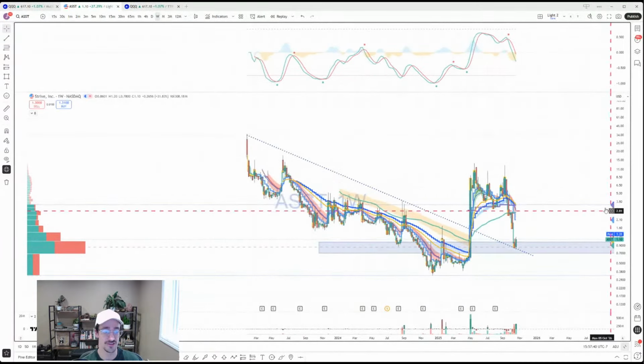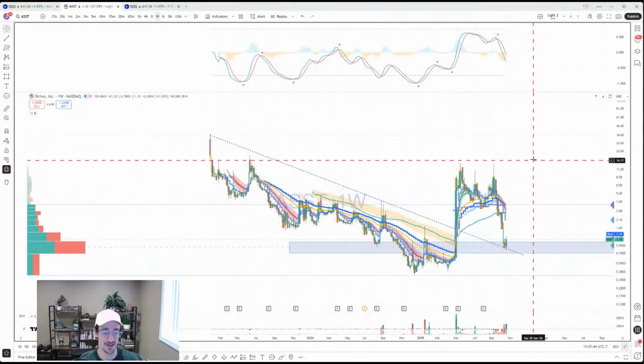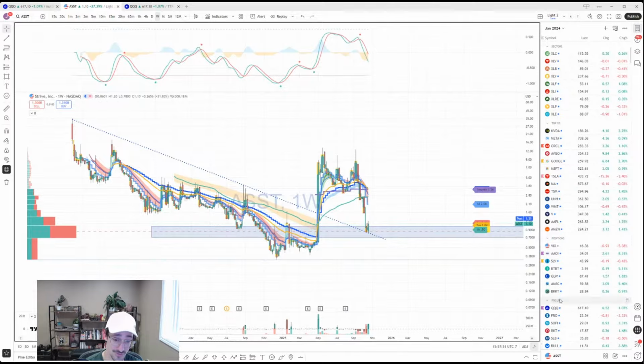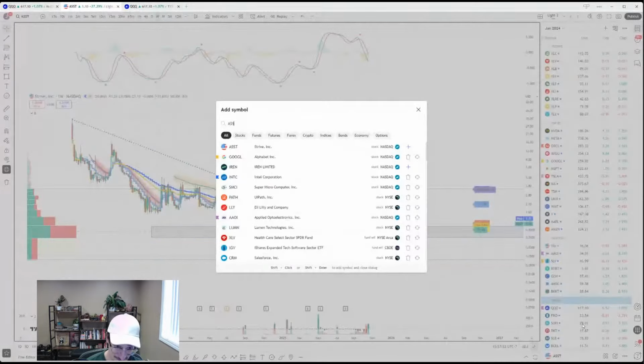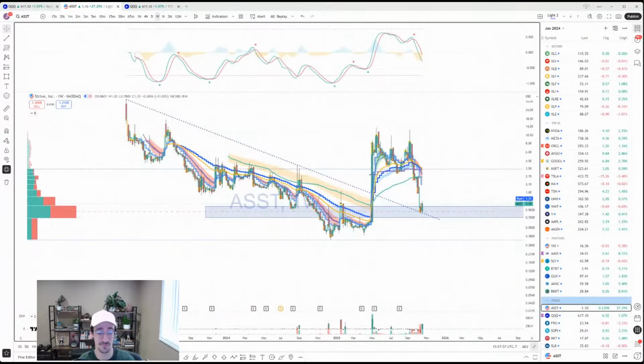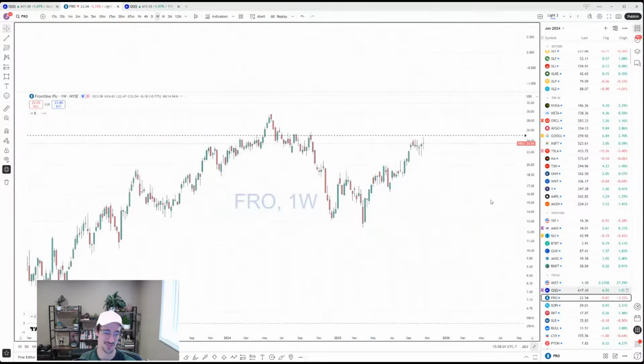We don't need anything but this POC and this downtrend line to tell us just about everything we need to know here, right? Man, that's pretty. All right. Twist my arm, why don't you? It's going on the focus list. Fine. ASST. I'll trade this and trade the pool account because I'm not going to blow up my own account on this thing. But I like it while I'm looking at my focus list.